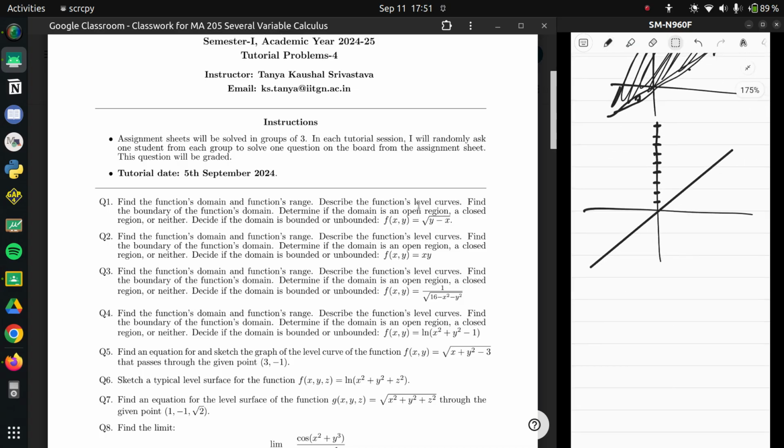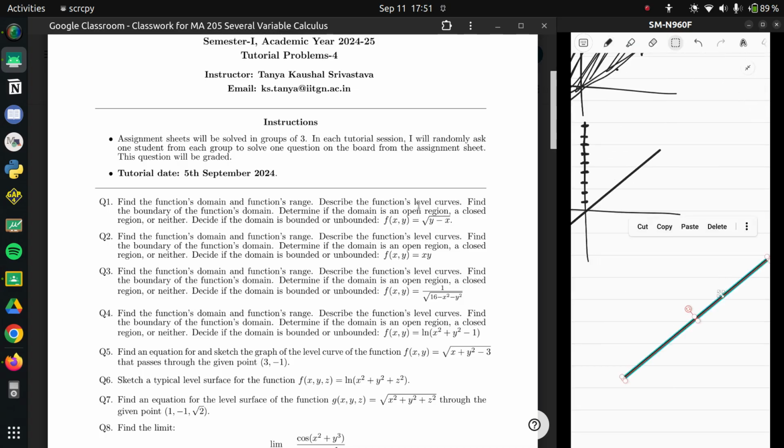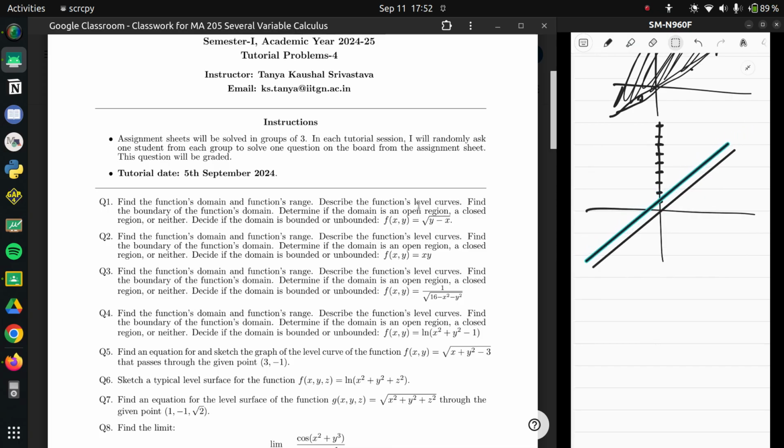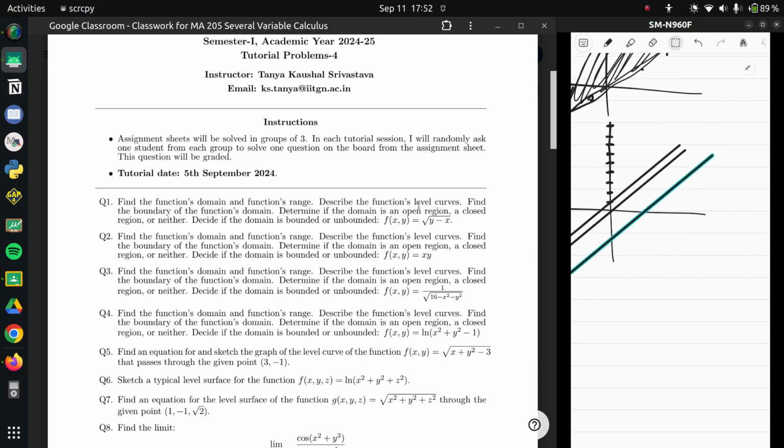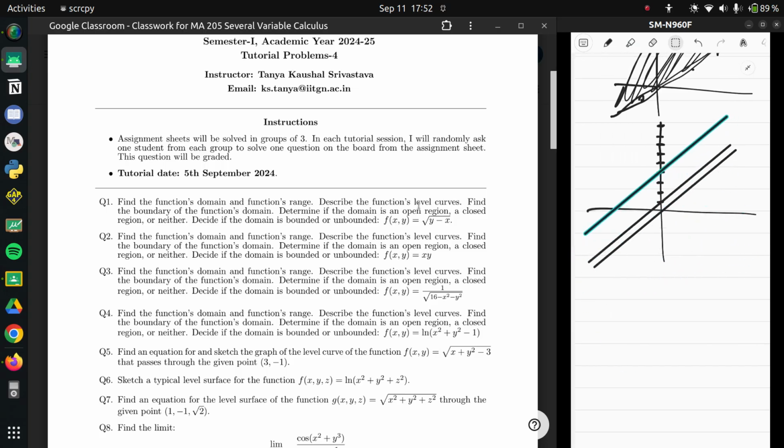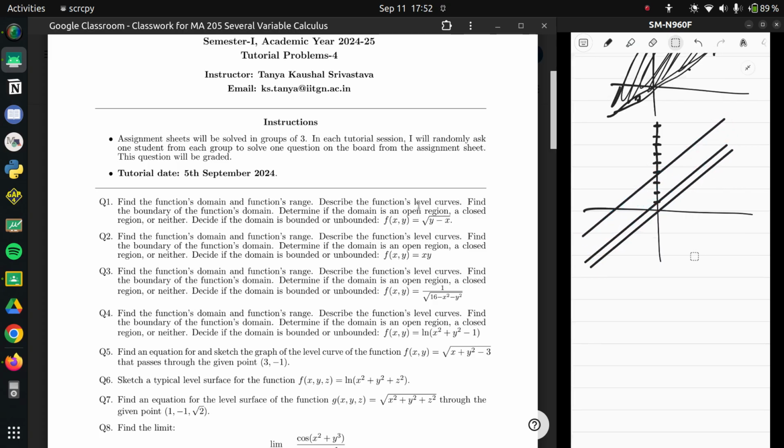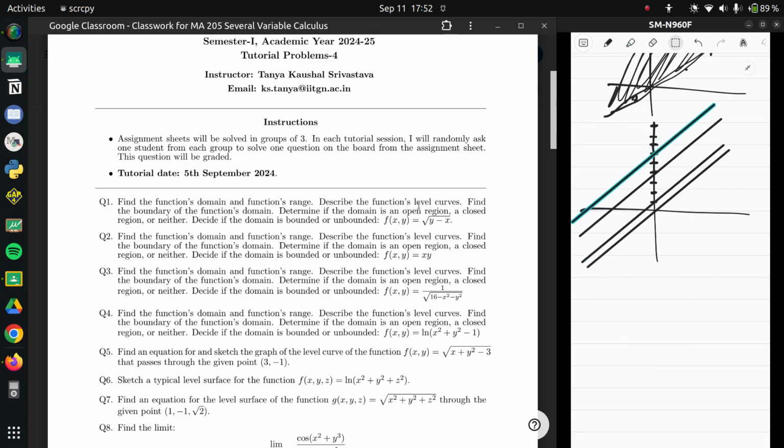Alright, so this is the first contour. For -1 it doesn't really make sense, so let's not go with that. So this is 1, 2, this is 3, this is 4. Okay, and this will be 5, right? So 1, 2, 3, 4, 5, right?